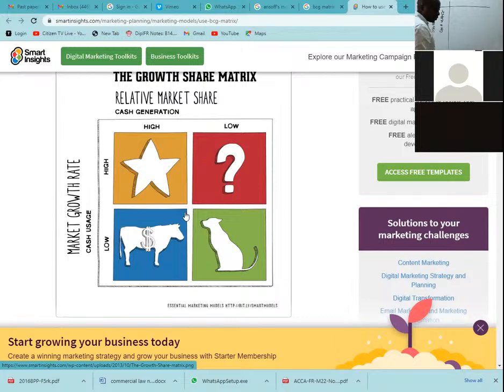And then we have cash generation, which is the market share. So we have here high, we have low.